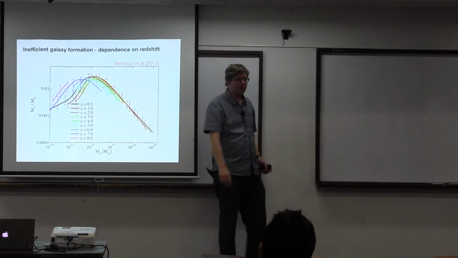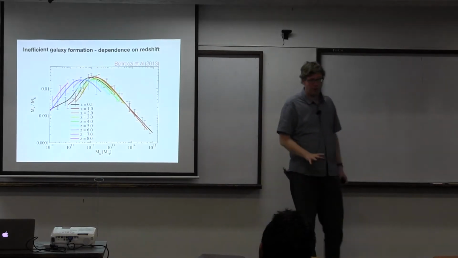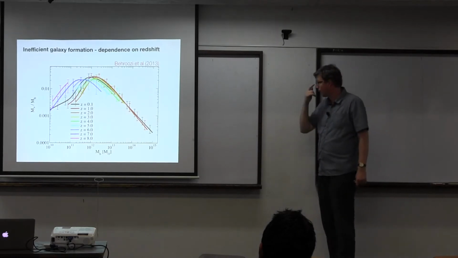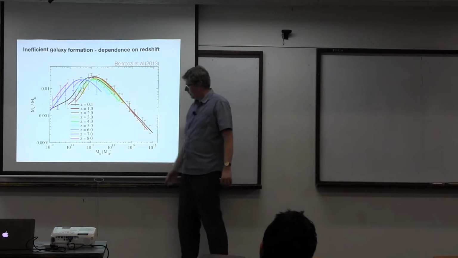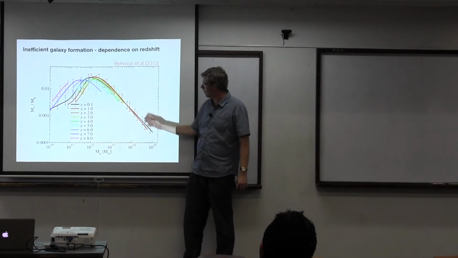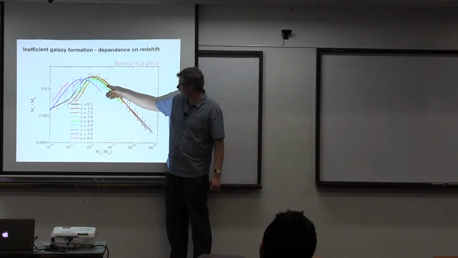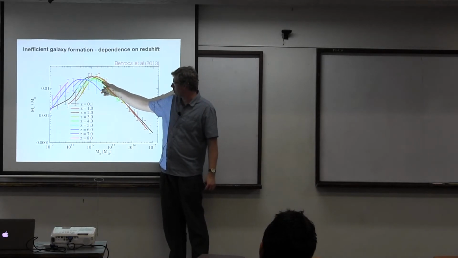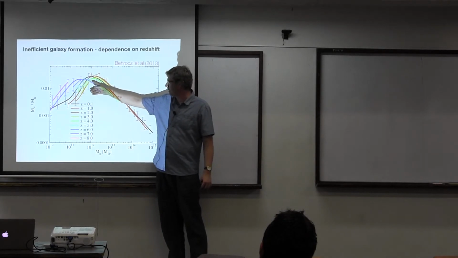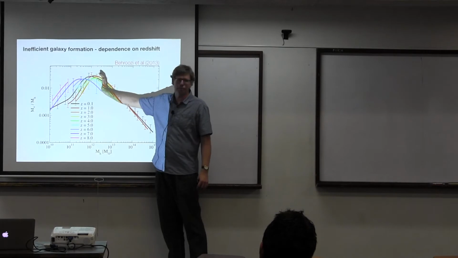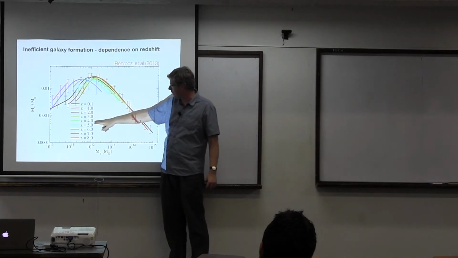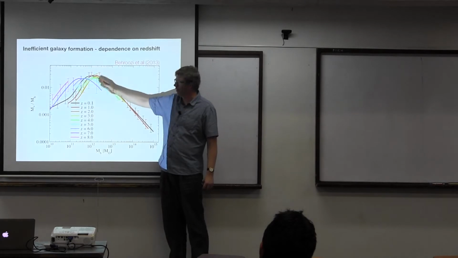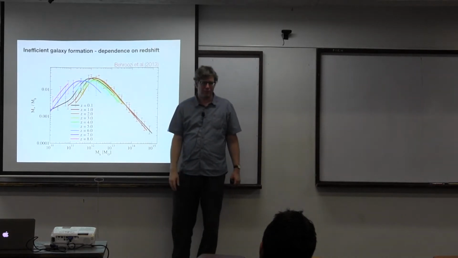What does it look like if you go back in time? Well, people have tried to do that. This is much harder. This is the best guess today. Here is the halo mass. The different colors go from black through red, orange, yellow, green, up in redshift. So you can see they're all pretty much the same. I would say everything up to, say, redshift 4, they are identical within the error bars.